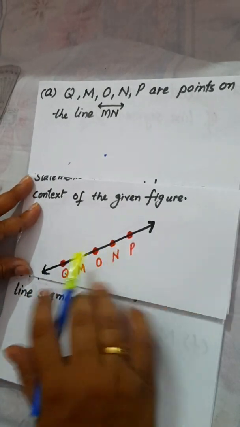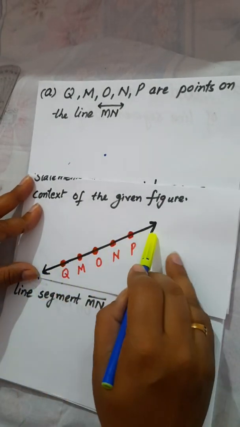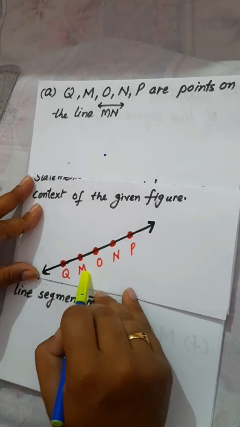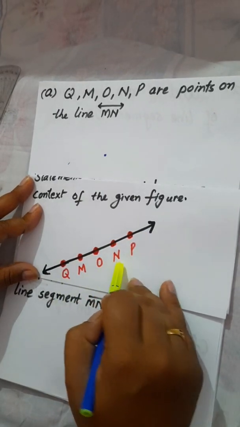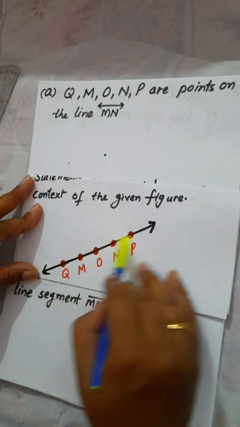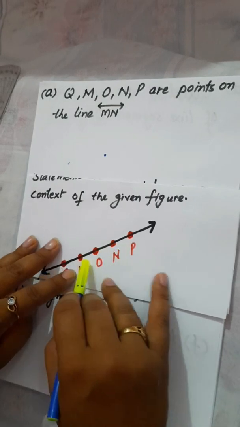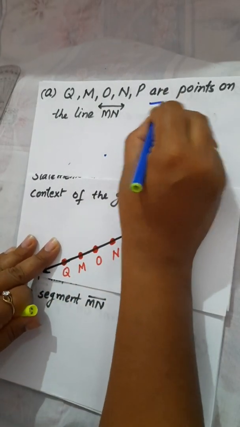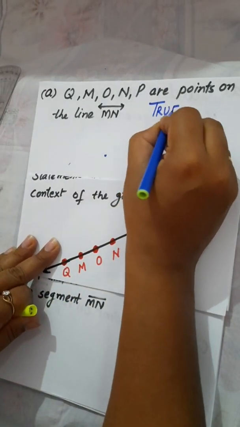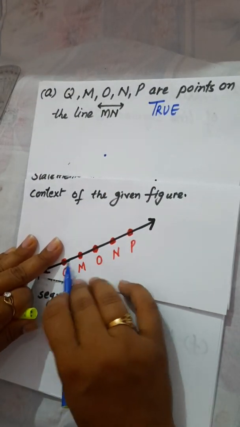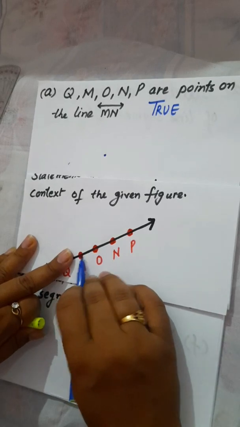Now observe this figure. These two arrowheads represent a line, and Q, M, O, N, P are points on line MN. So this is true. We can also write MN is a line.